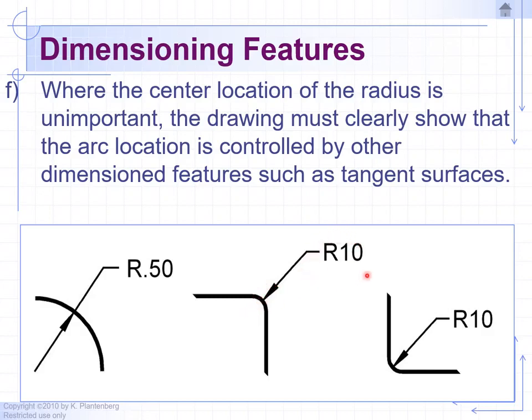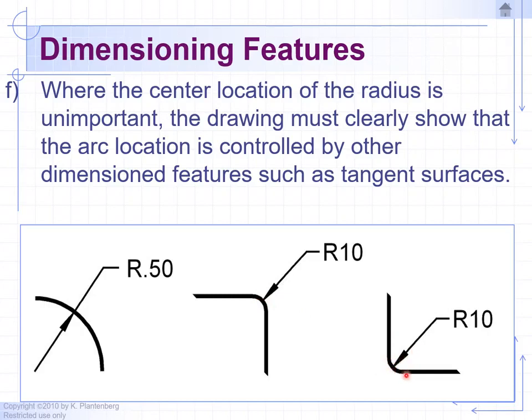Notice how the text is floating outward. That's what you prefer. Also, when you have an inside fillet, an inside radius, same thing, you assume tangency with the vertical and horizontal line. Again, the location of these arcs is not important, so we do not use little center marks to locate the center of the arc.